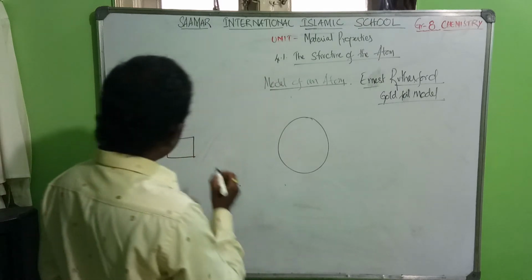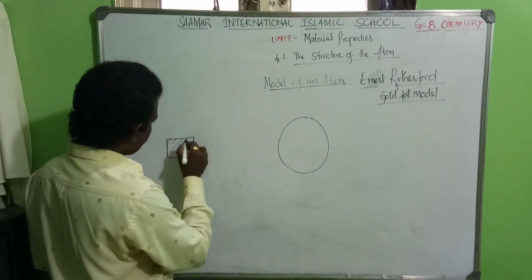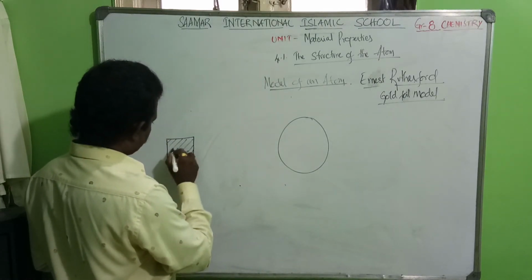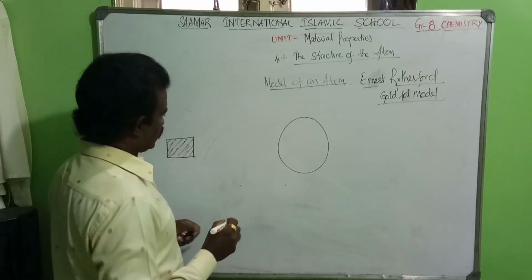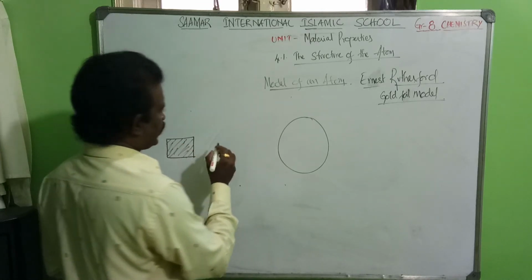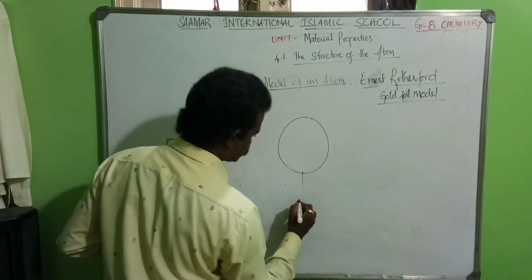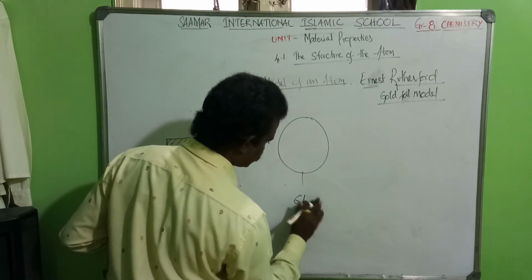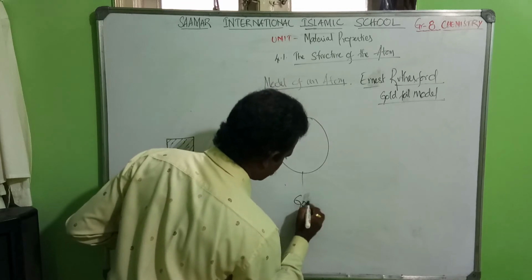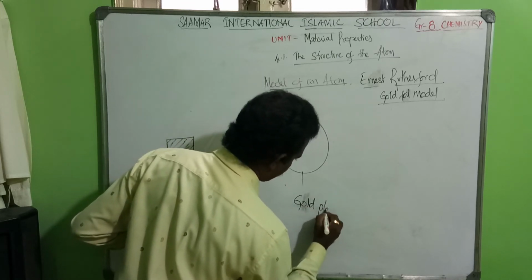What he did was take a high beam of alpha rays and pass it onto the gold plate, a thin gold plate.